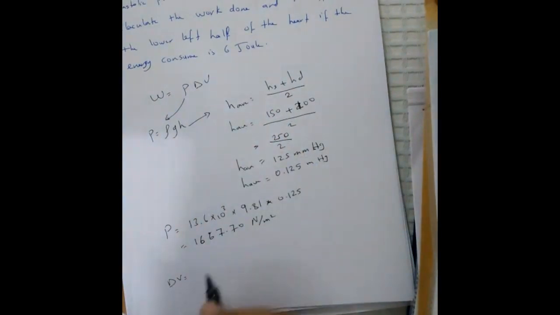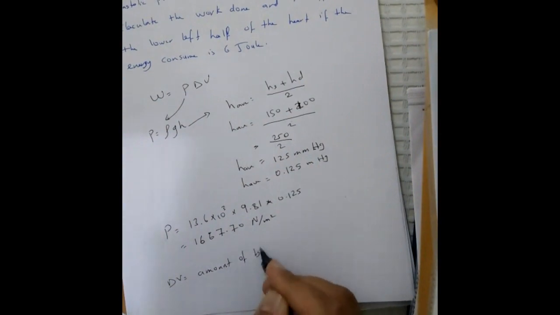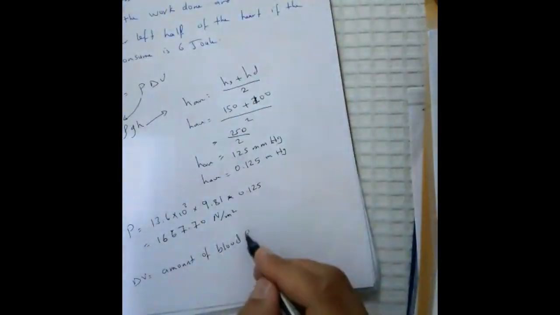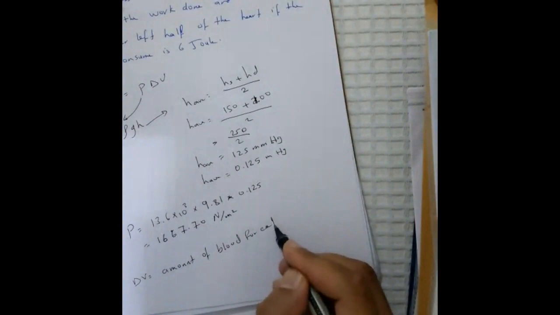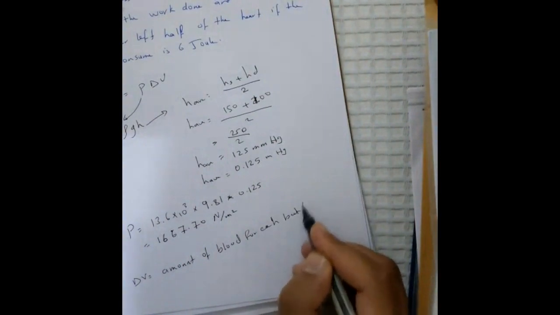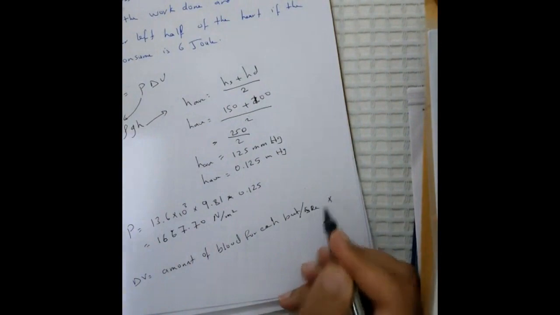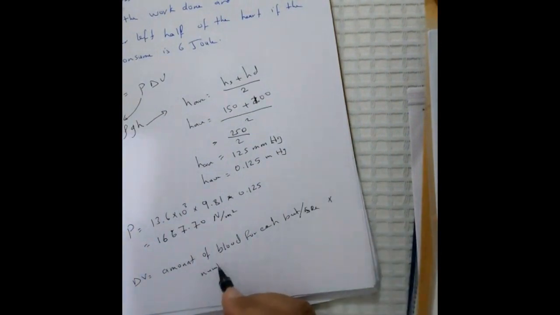Delta V is the volume, and the volume comes from the amount of blood for each beat per second, multiplied by the number of beats.